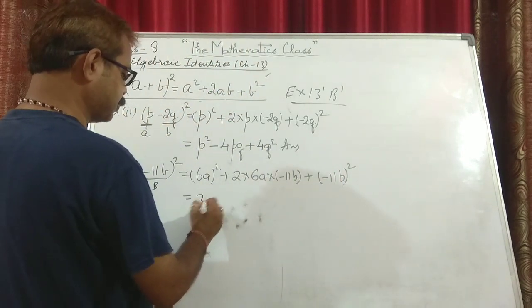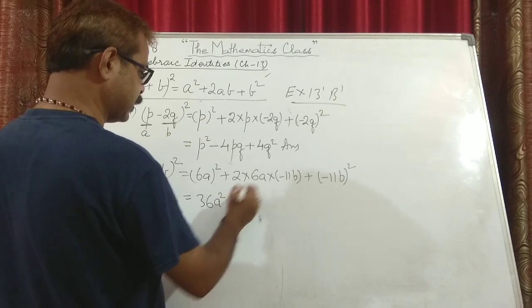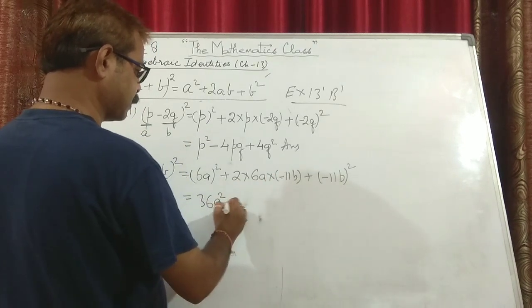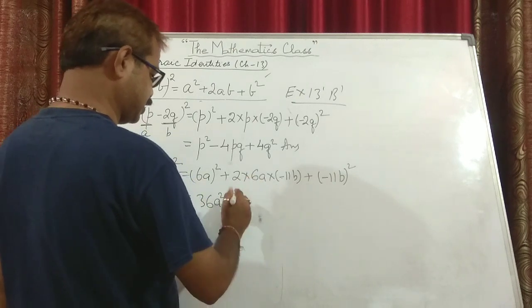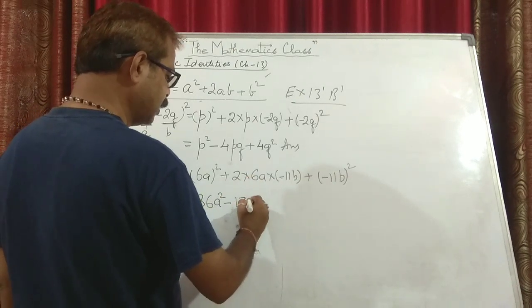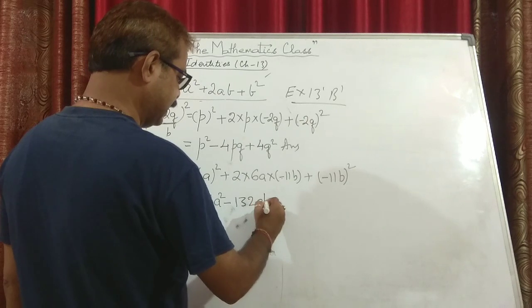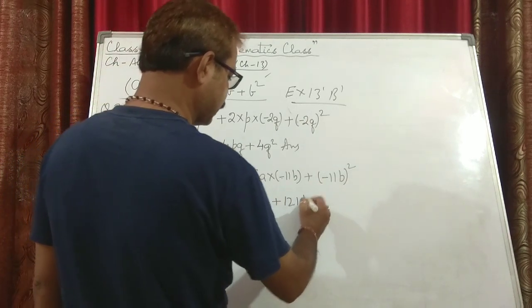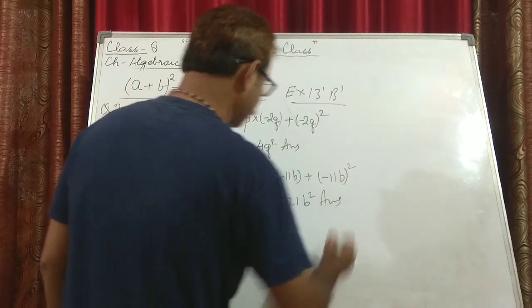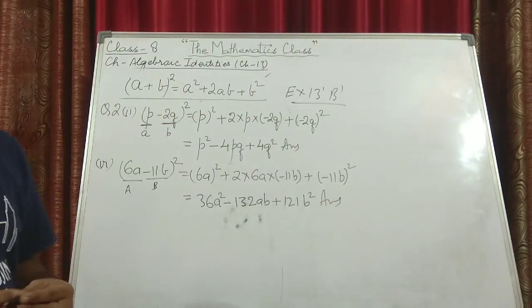When you solve it, 6 into 6 is 36 a square, minus into plus will become minus. 11 6s are 66, 66 into 2 is 132 ab and minus square is plus 121 b square.